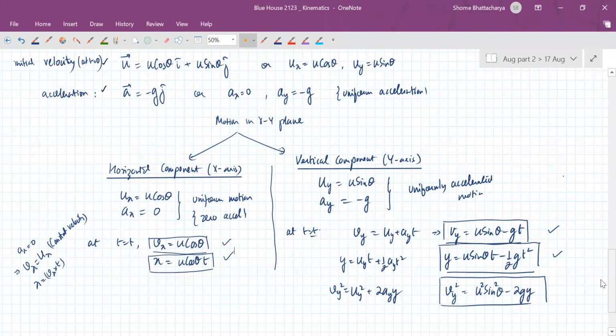So these are the most important equations of motion, the ones that I have put in the boxes, okay? Particularly the tick mark ones, the 4 tick mark ones.